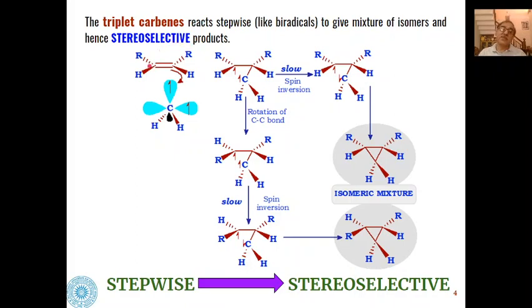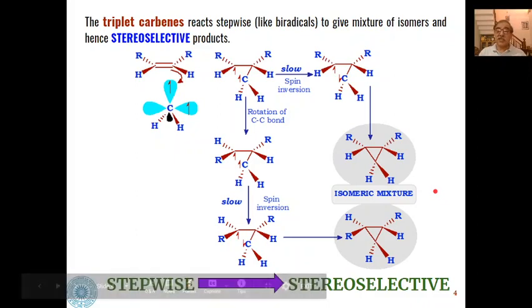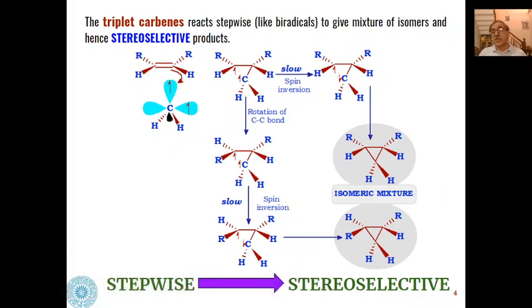So in case of singlet carbenes, we will get a stereospecific product, that is only one isomer will be formed, whereas in case of triplet carbenes, we will get a stereoselective product, that is a mixture of both the isomers will be formed. So the reaction is a stepwise reaction, and the product is formed through stereoselectivity.